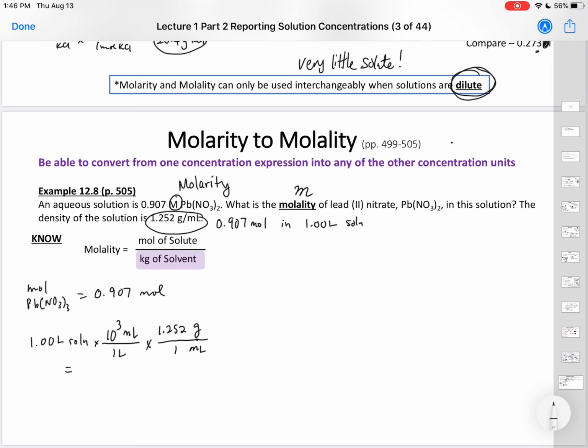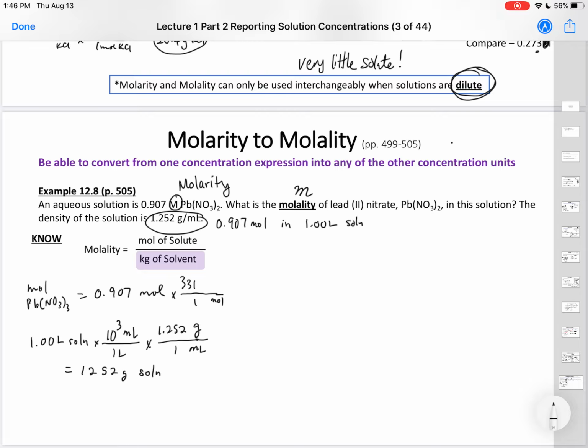This comes out to 1,252 grams of solution. Remember, this solution is the water plus the lead nitrate. This is not just the water, so you need to subtract the amount of the lead nitrate. To do that, we're going to convert the moles of the lead nitrate to grams of the lead nitrate so that we have that amount.